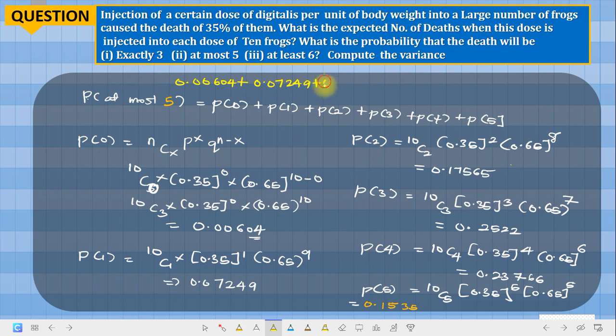Probability that 2 will die, 0.17565. Probability that 3 will die, 0.2522. Probability that 4 will die, 0.23766. Probability that 5 will die, which is 0.1535. Let me rewrite this again to be visible. 0.1535.